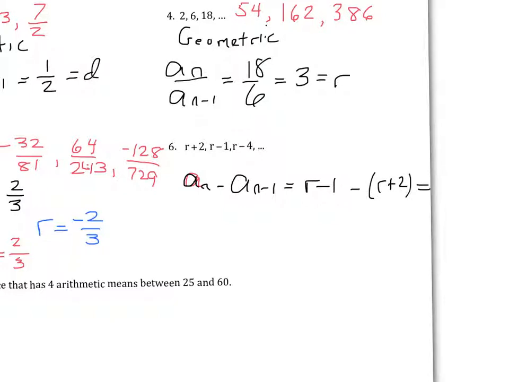So r minus r is nothing, and negative 1 minus 2 is negative 3. So it looks like you're going down 3 every time, so your common difference is negative 3.